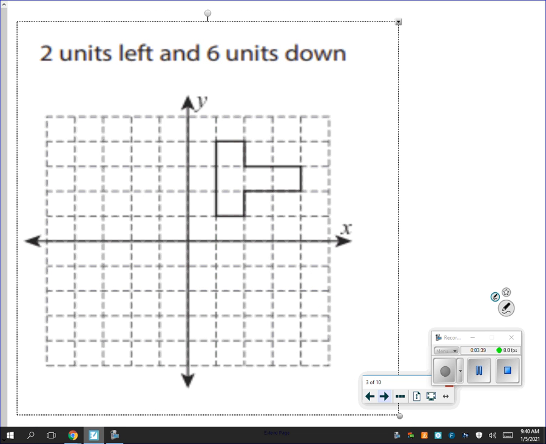If you want to, pause the video now and see what this one's going to look like, then come back and check how we did. Go ahead and pause now, try it, and come back. So 2 left, 2 left, 2, 3, 4, 6.